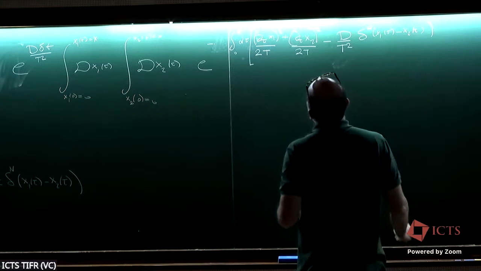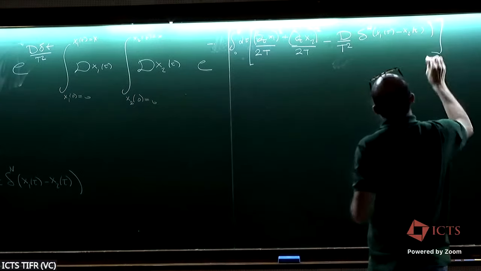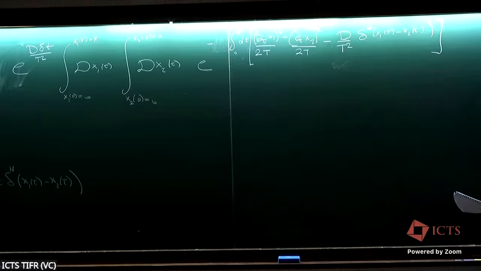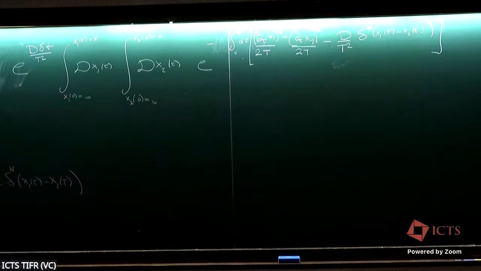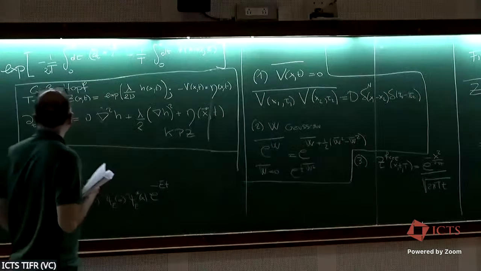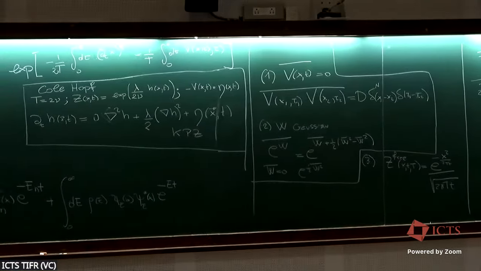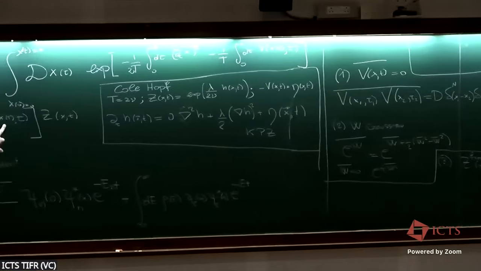Okay? So now it's written in a way in which I can write the Hamiltonian of this system. Look, here I had the kinetic term, the potential term, and the Hamiltonian is written like this, okay?